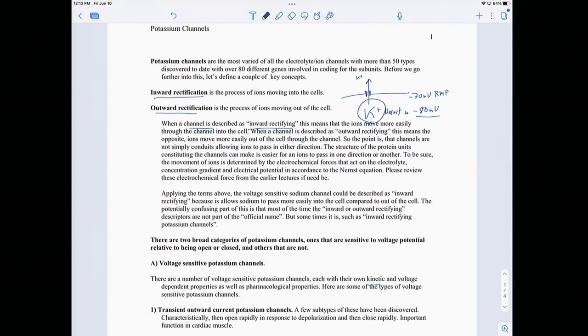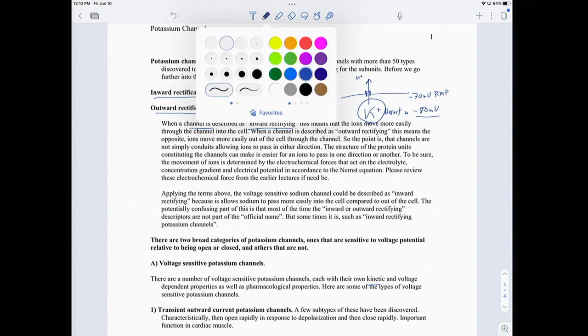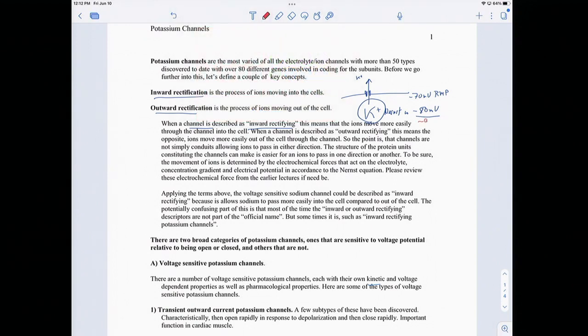Now, if the membrane potential were below minus 80, maybe it was minus 90 for some reason, then the forces on the potassium would have the potassium wanting to move into the cell, because it's wanting to raise it from minus 90 to minus 80.